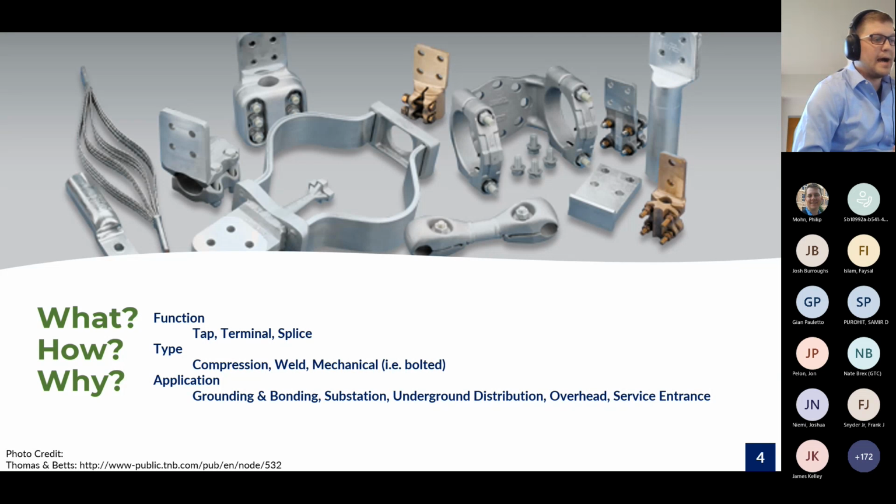Then we can get into the how. Well, how are we going to perform this? Are we going to use a compression style or a welded style, or are we going to use bolted? And then the $1,000,000 question is always the why are we choosing this type? And generally the answer is based on its application. Is it, oh, we're going to use compression with underground T's because let's say DMC power connectors compression style is our client's preference?